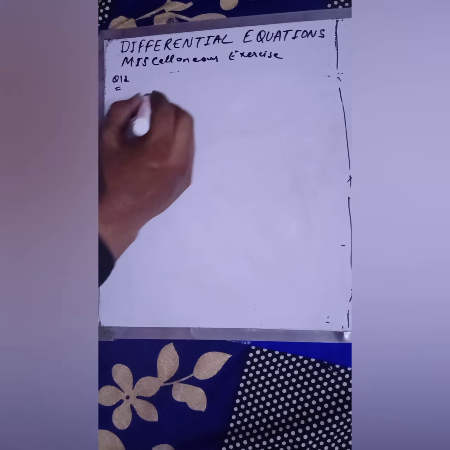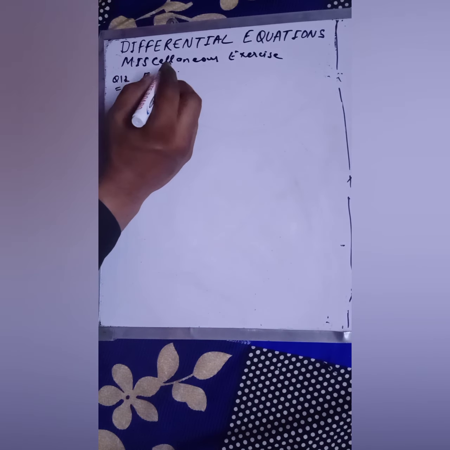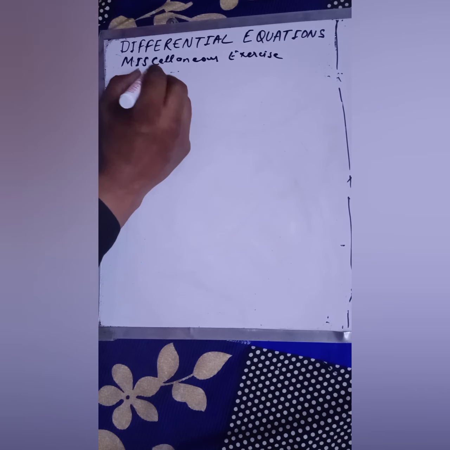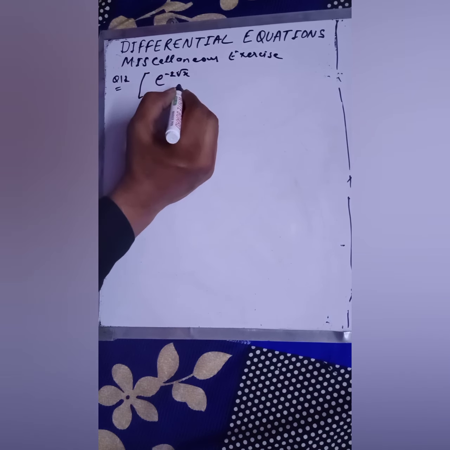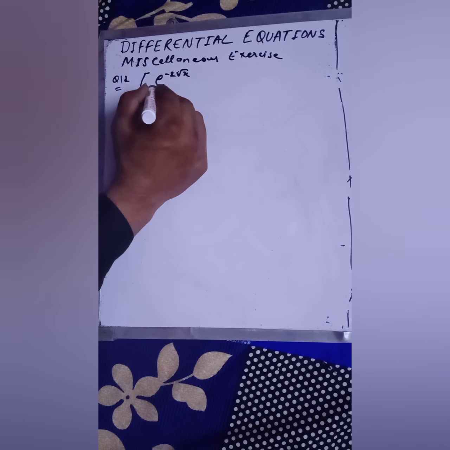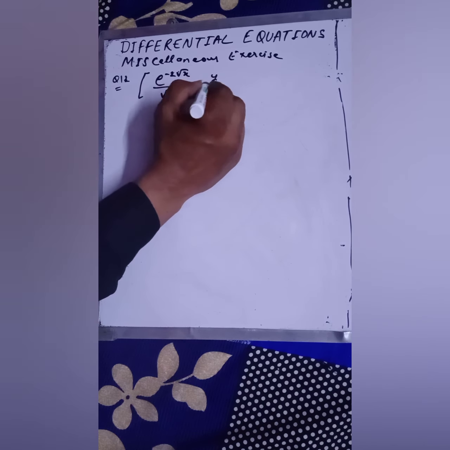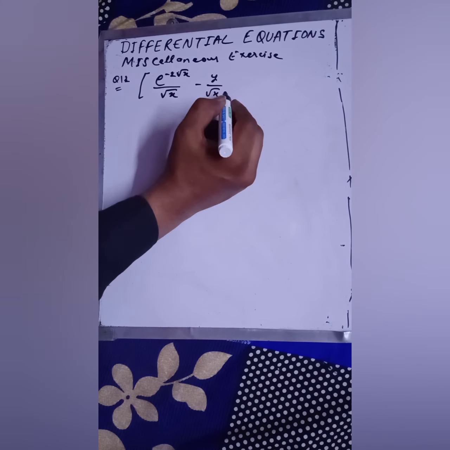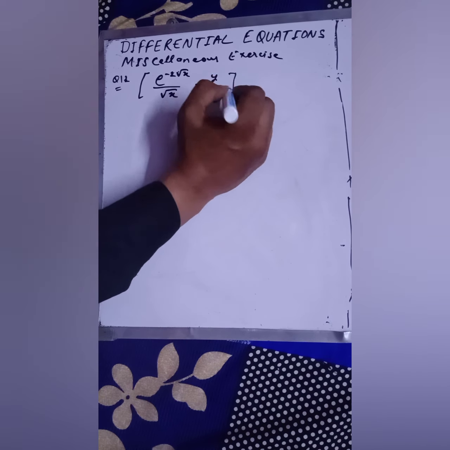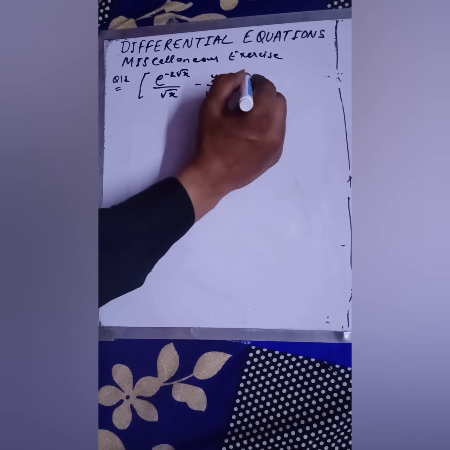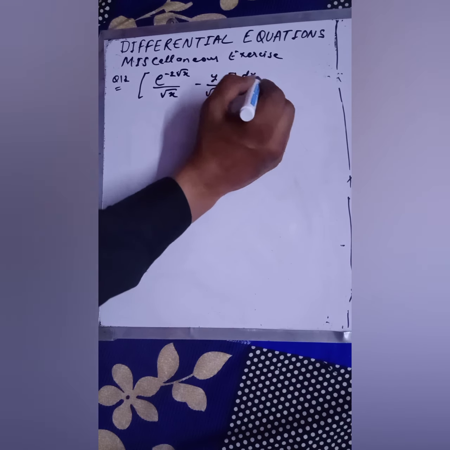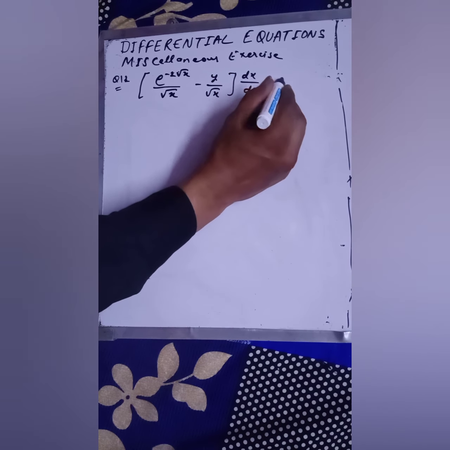See, in question number 12, it is e raised to power minus 2 root x over root x minus y by root x, bracket close, that is dx by dy is equal to 1.